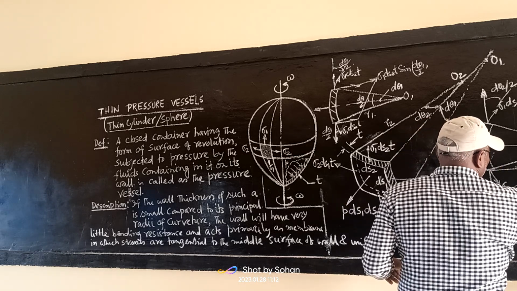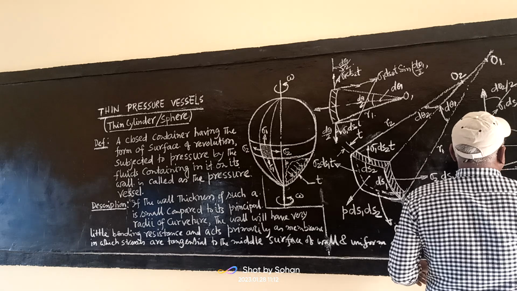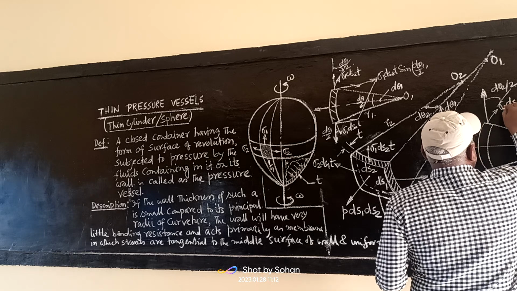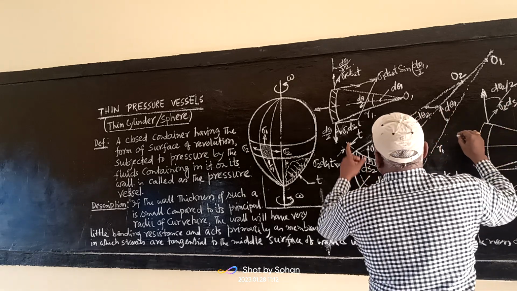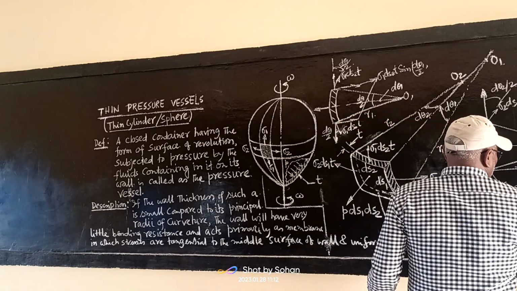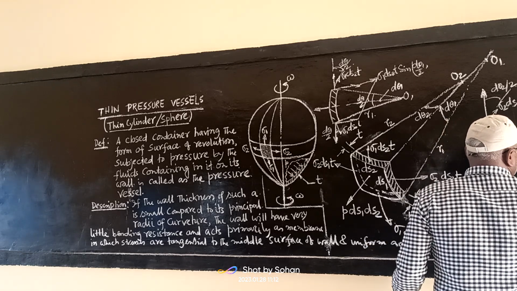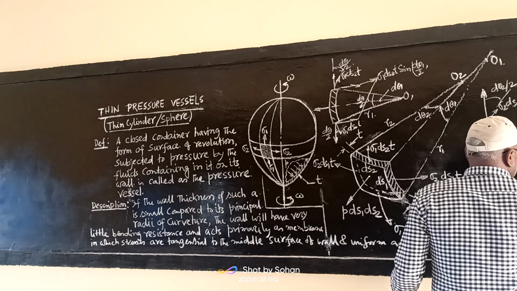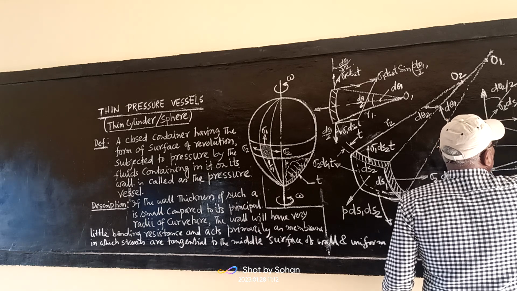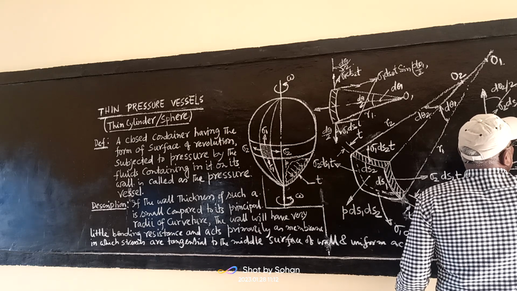Here the sin component will be sigma 2 ds1 t sin d theta 2 by 2, and the same on the other side.